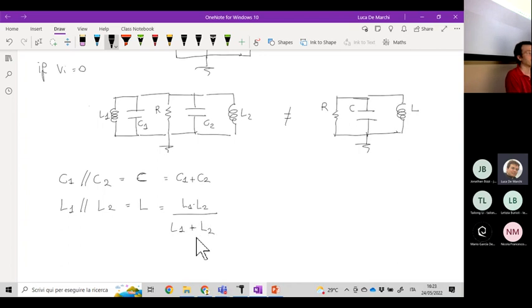The expression for inductances in parallel is similar to the one for resistances in parallel. So we must verify that the capacitance is equal to C1 plus C2, and the original inductance is equal to L1 times L2 divided by L1 plus L2.